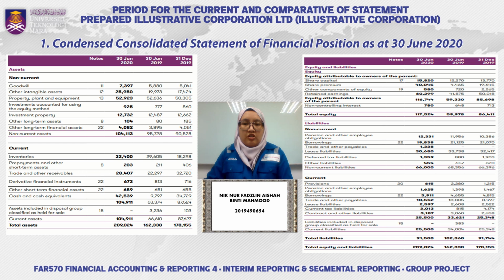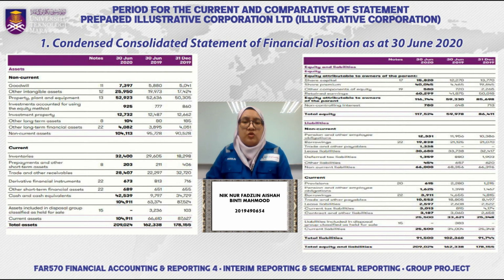For the statement of financial position, the current period is 1st January 2020 to 30 June 2020, and the comparative period is 1st January 2019 to 30 June 2019.